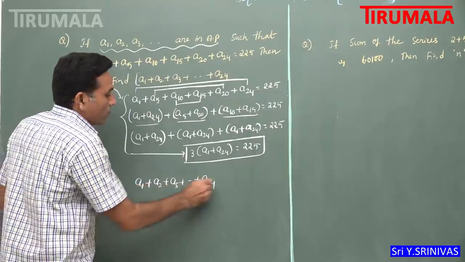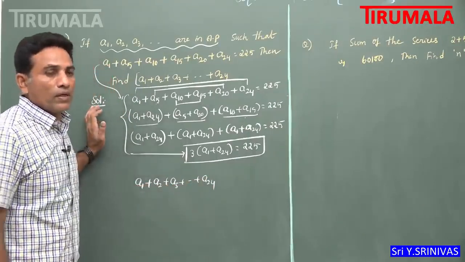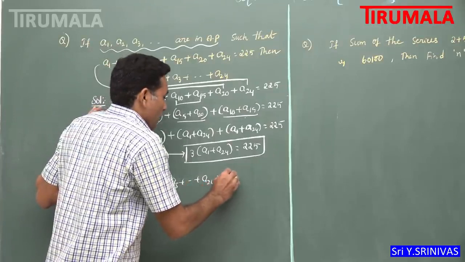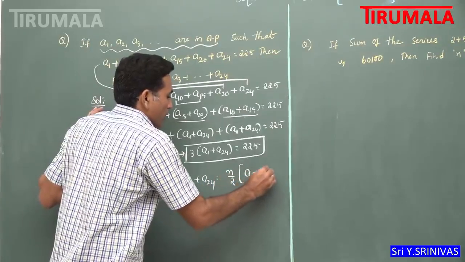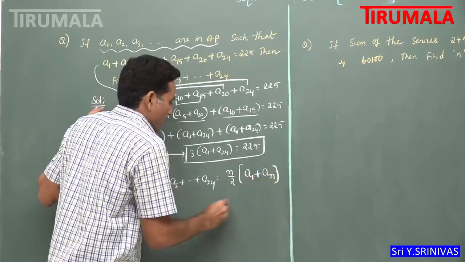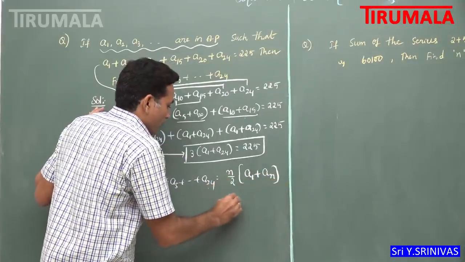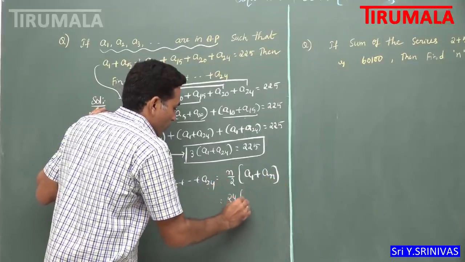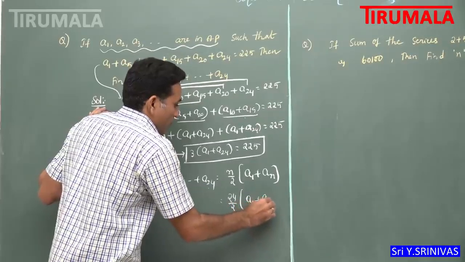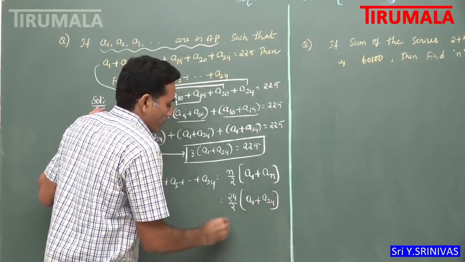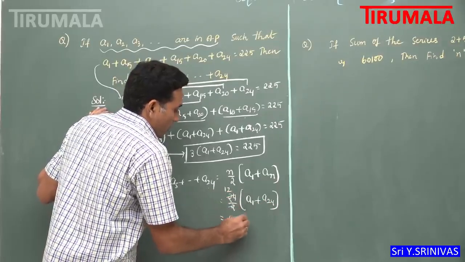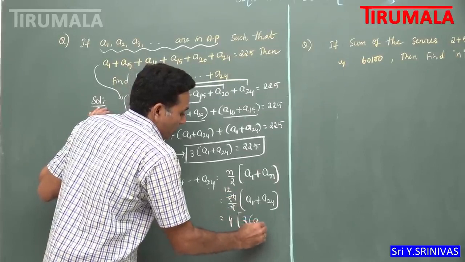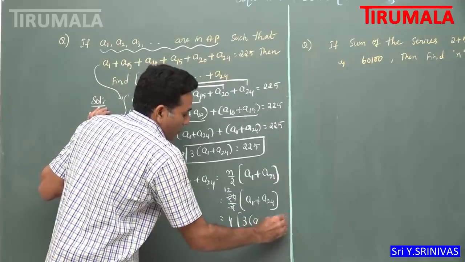What is the sum of the first 24 terms of AP? It is n by 2 into first term plus last term. Here n, the number of terms, is 24, so 24 by 2. First term is A1, last term is A24. 12 can be written as 4 times 3 into A1 plus A24.